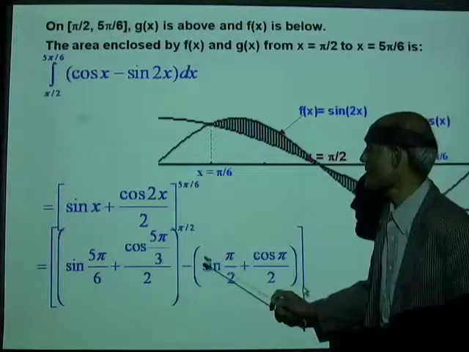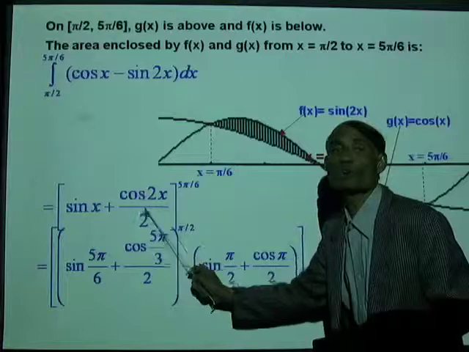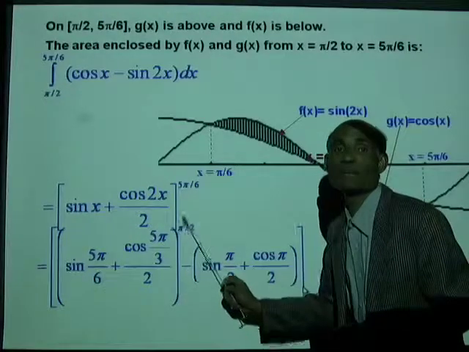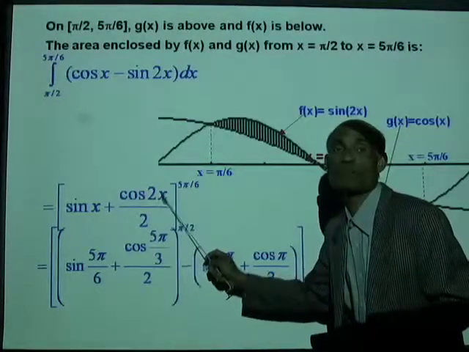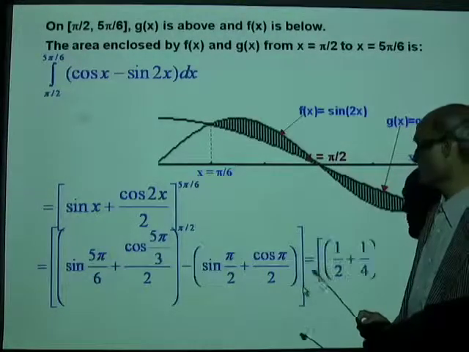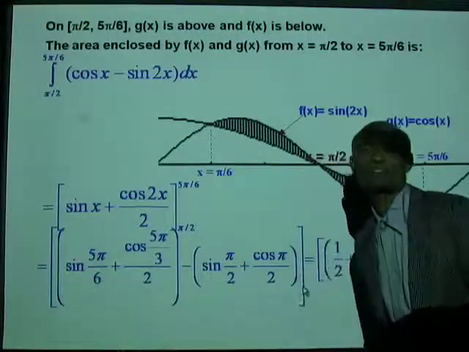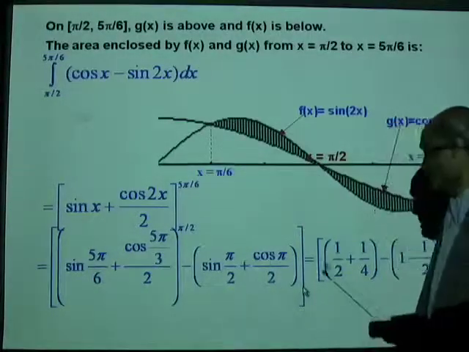Minus, replace x by pi by 2: sine of pi by 2 plus cos of, when x equals pi by 2, 2 times pi by 2 is pi, cos pi divided by 2. And you know the values of this. Sine of 5 pi by 6, do you know the value? That is 1/2.